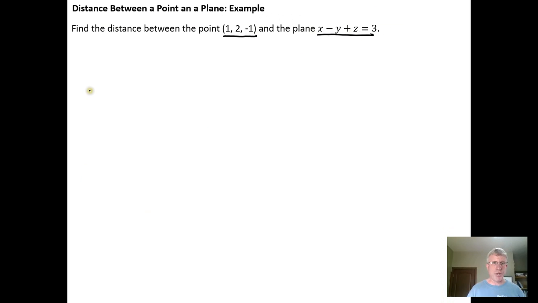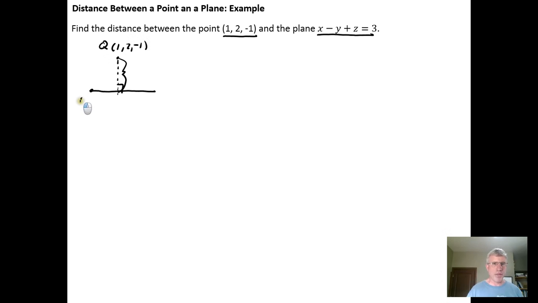So my graphical representation would be, here's my plane. Here's the point 1, 2, negative 1. And I want to find this distance right here, the distance from the point to the plane. And so we'll call this our point Q. And so step 1 is just find any point P in the plane.